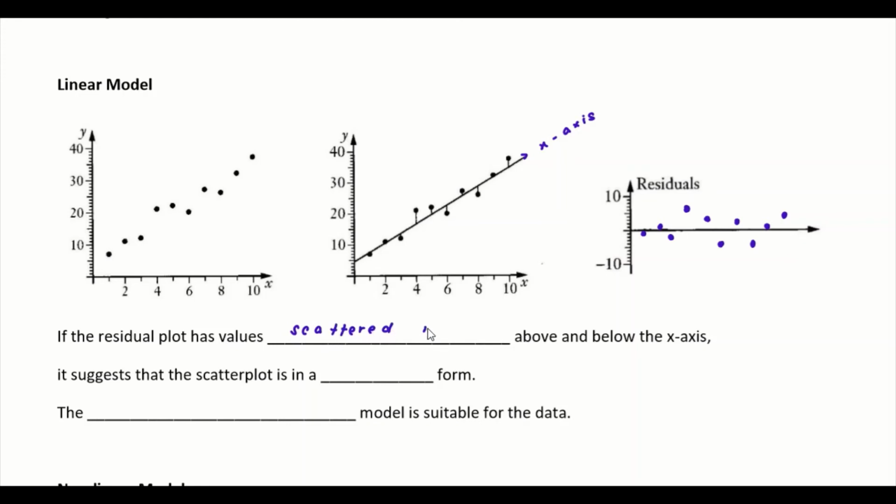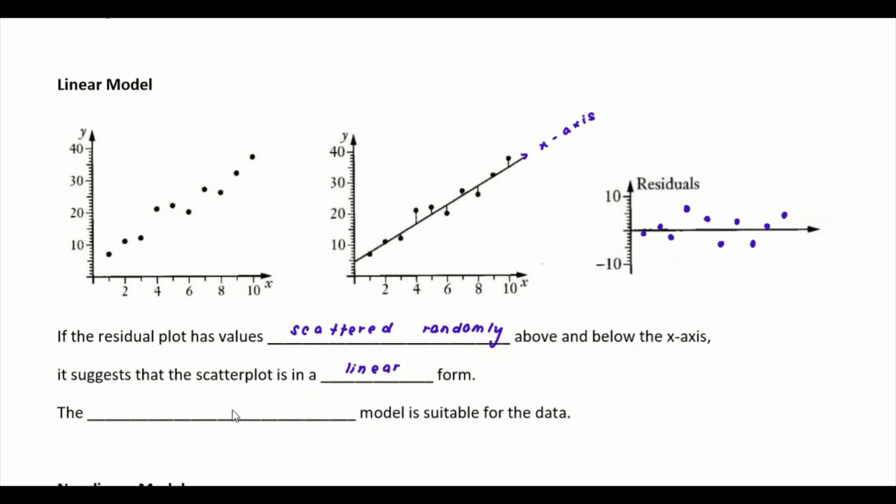Scattered randomly. So if the residual plot has all the data points scattered randomly, it suggests that the scatter plot is in a linear form. Which means, when I draw the regression line, the points are distributed, spread out left and right of this line. So that will be the best fit line that I have, right?